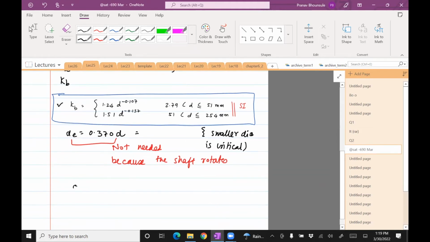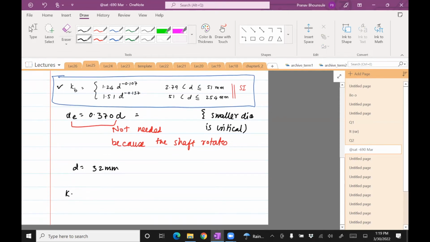Okay, so then D is 0.330. Remember the D is in mm, and I presume that the dimensions are in mm. So we just go KB equals 1.24 times 32 to the power negative 0.107. That comes out to be 0.86. Okay, two factors knocked down.